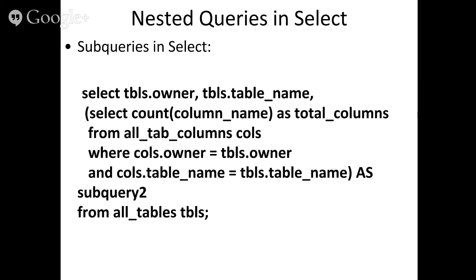And I am counting how many. The outer says count. So if this one matches and that one matches and that one matches, there's 3 matches. So I count 3, and I am naming that 3 as total columns.